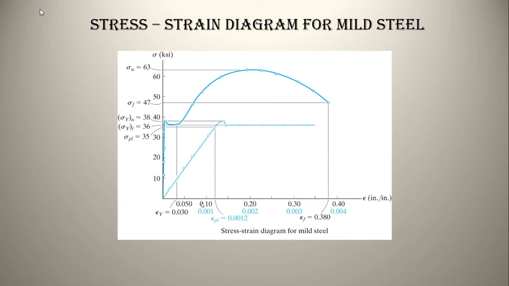So in that, you can see that this is, for example, 10%, 20%, 30% strain. But in the blue graph, which is this one, you expand this, so the horizontal scale is now, for example, 0.1%, 0.2%, 0.3%. So there is a difference of about 100 times in these two scales.